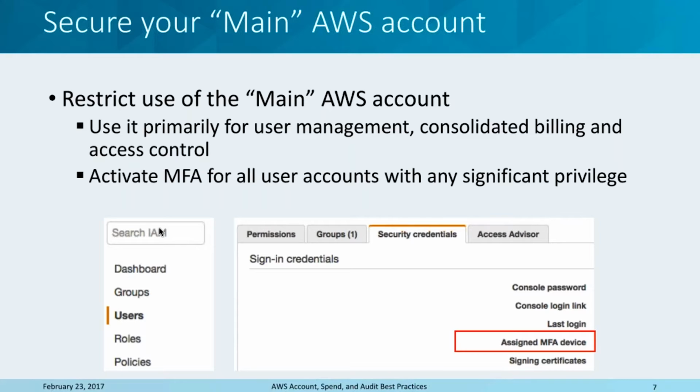So it allows you to basically greatly restrict the type of things users can do on the main account. And this is very important because we'll be setting up sub-accounts where actual work will be done. Exactly. And in those sub-accounts, just because someone has access to a sub-account doesn't mean they can break into your main account. So it kind of isolates your main account from the accounts that you actually use for work.